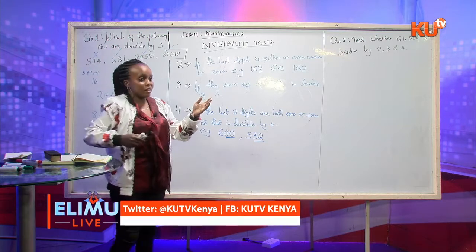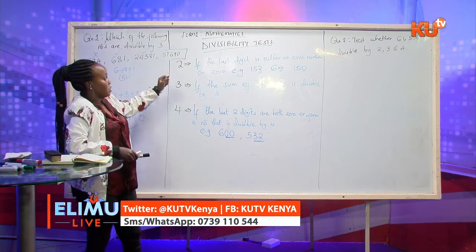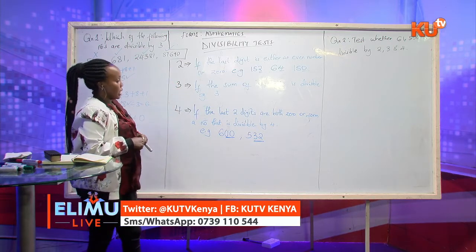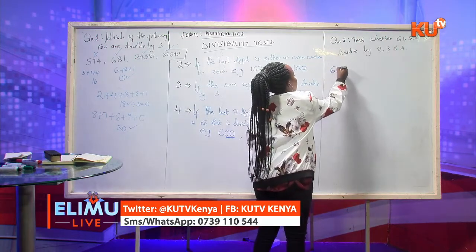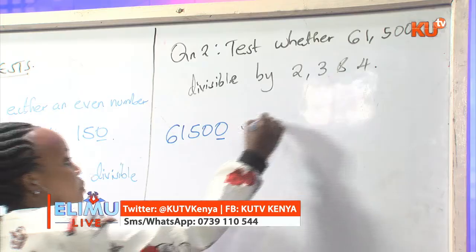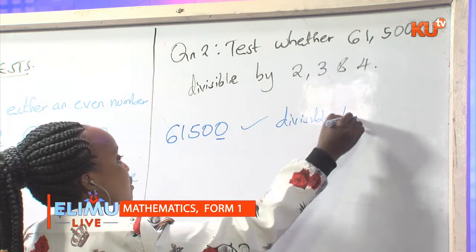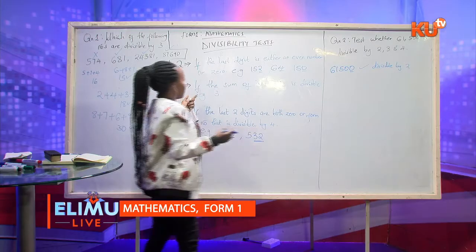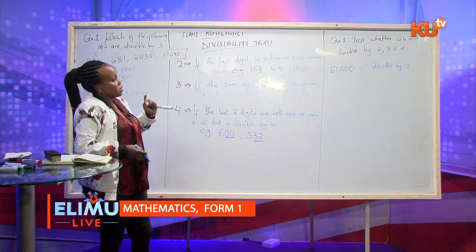So we can reflect back: the divisibility test for 2 was that the last digit should either be an even number or a 0. As we can see, our number 61,500 has a last digit of 0, meaning this number is divisible by 2. Then by 3, the divisibility test is that the sum of the digits should be divisible by 3.